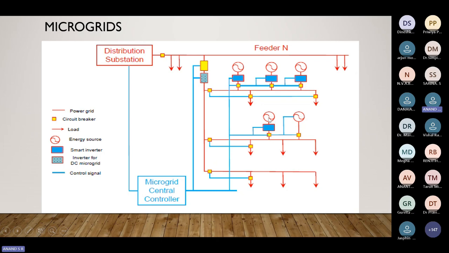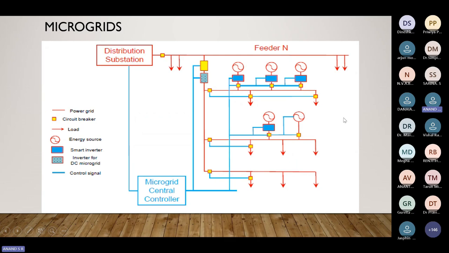So this is the condition now, and whatever extra power is available will be coming back to the distribution substation. Now, if you have a central controller, then these things can be controlled, and even if there is a failure in this line, there will be enough generation in this particular area, so this area can survive. This is the concept.